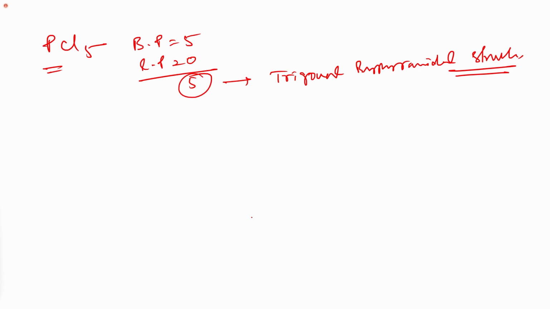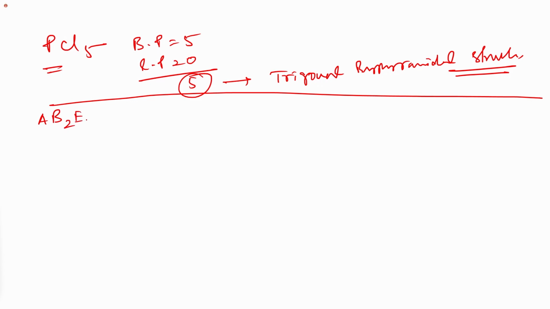Now, the second point is the molecule type. It is nothing but similar to whatever I am telling. Again I am telling you, suppose this is a molecule AB2E. E is for lone pair, A is the central atom.